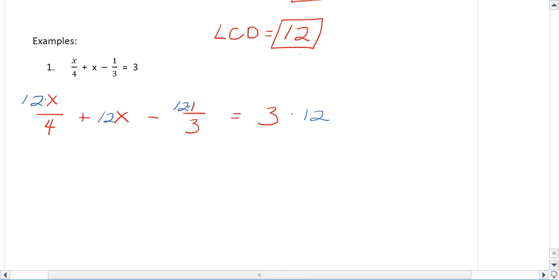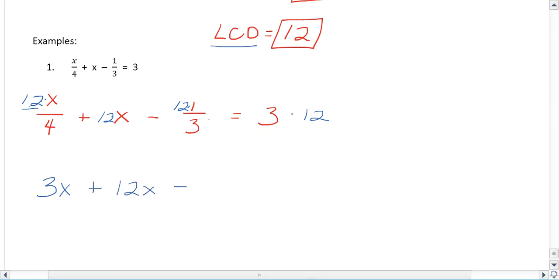And now if we chose our least common denominator correctly, we do the step that sometimes I refer to as do the math. And if we do the math now, all the fractions should be gone. So this 12x over 4, go ahead and do what is 12 divided by 4, and that turns out evenly, it's 3. 12 times x is just 12x.